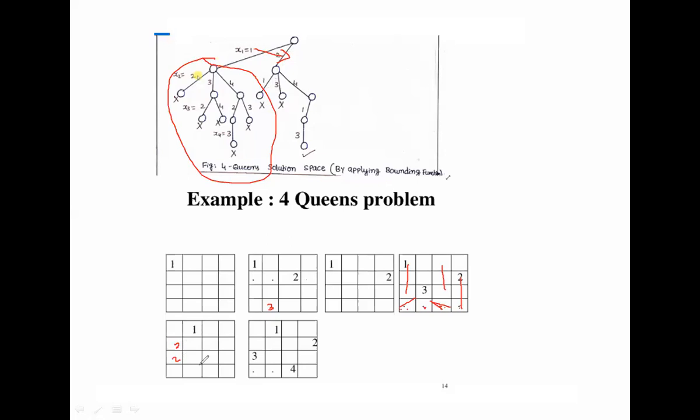Then where do we place queen 3? So queen 3 we can place here. But where do we place queen 4? So that's why we neglect this here, to the next one.